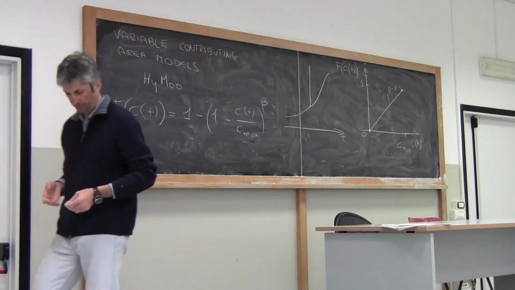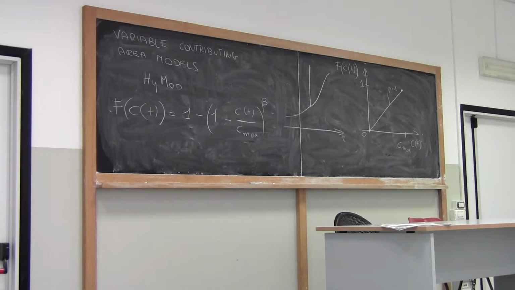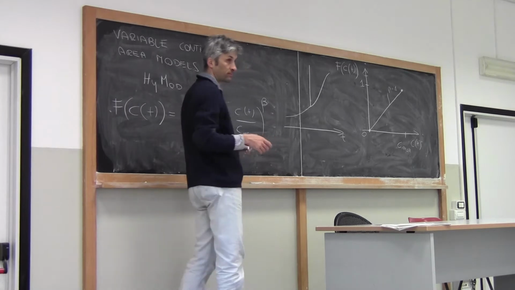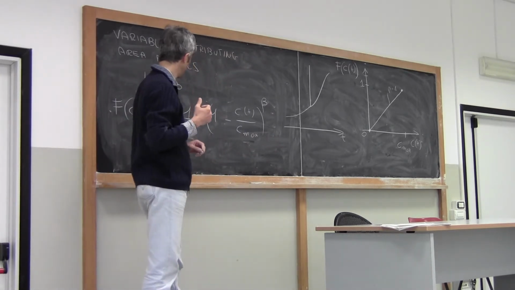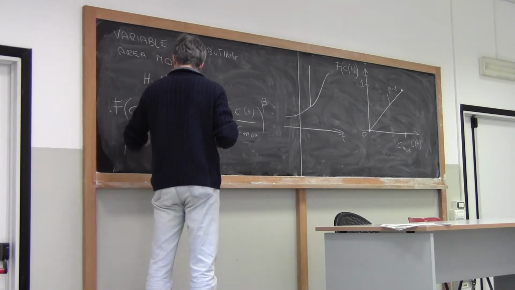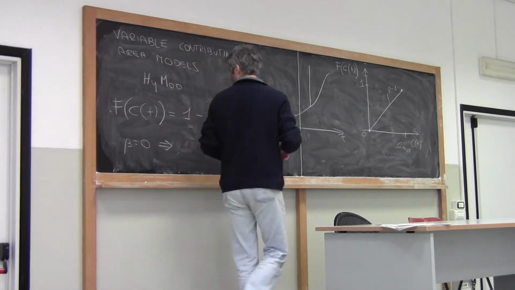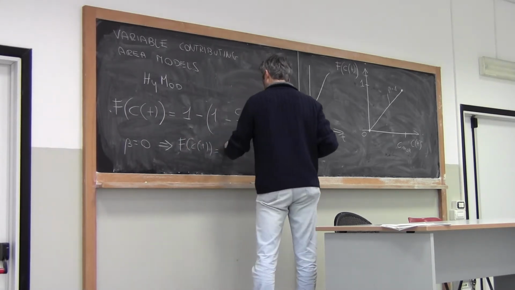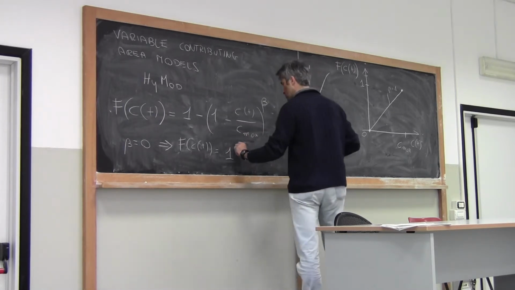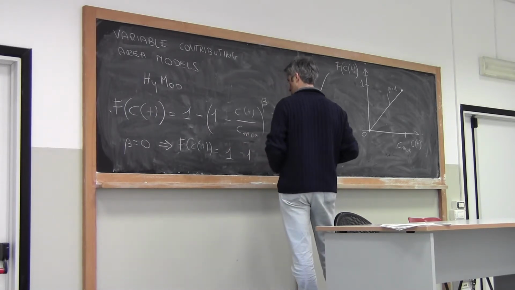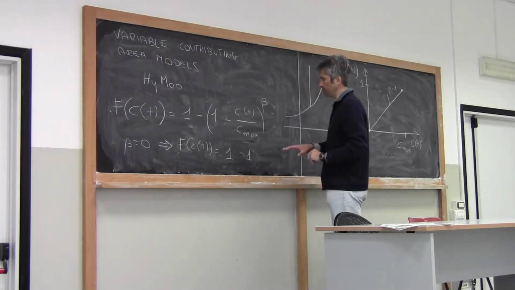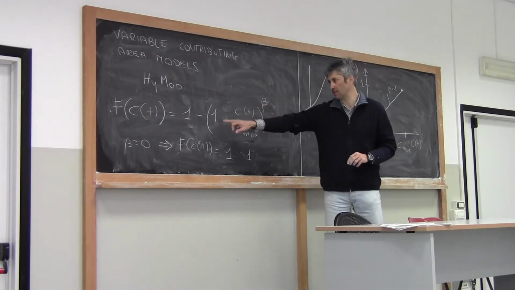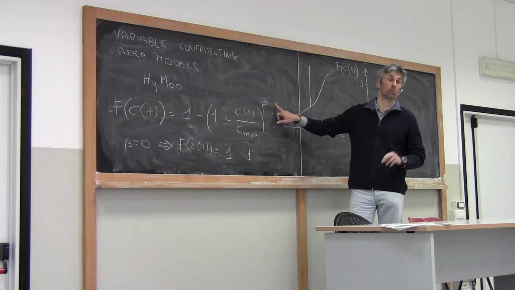Now, study what happens if beta is equal to 0. So let me write it down. Beta equal to 0. We get F(C_t) equal to 1 minus 1, because beta equal to 0 means that the quantity between parentheses becomes equal to 1.